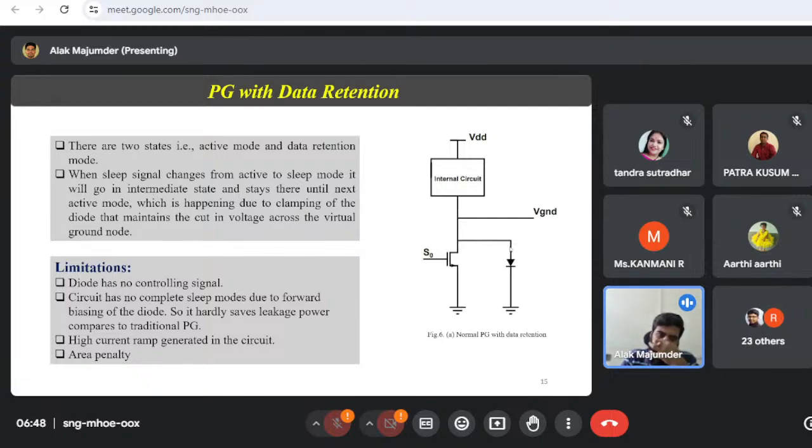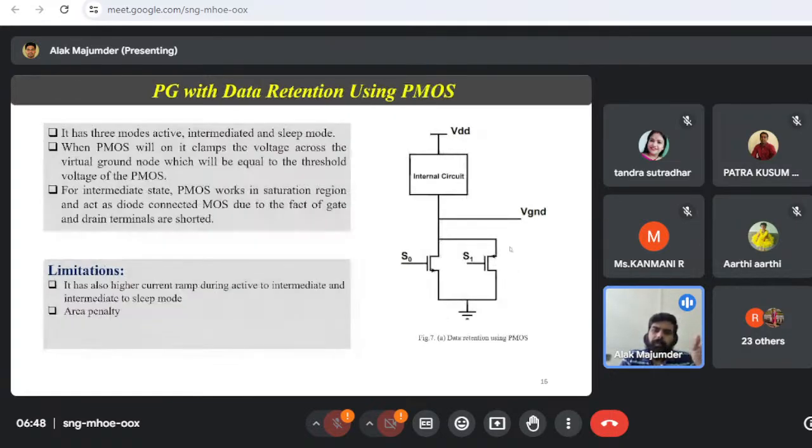This is one method, but again, this diode incorporation does not have any external control. So people have converted this diode using a PMOS over here. You see, if you put S1 equals to 0, S1 equals to 0 means S1 is connected with ground.